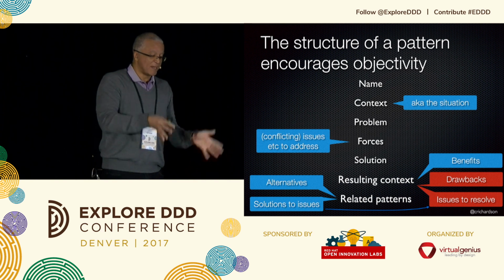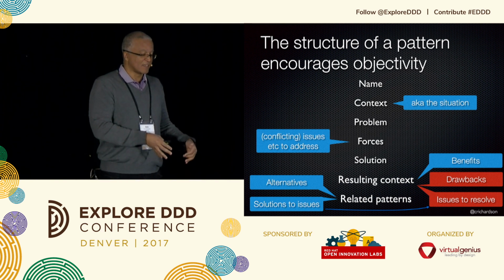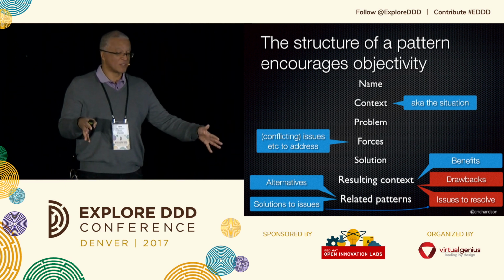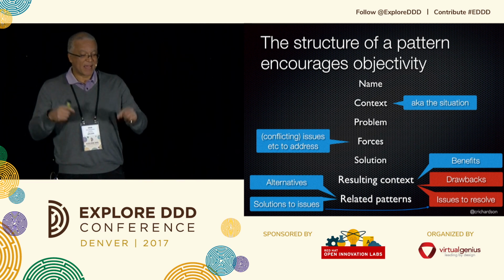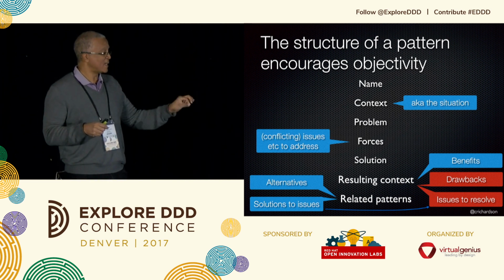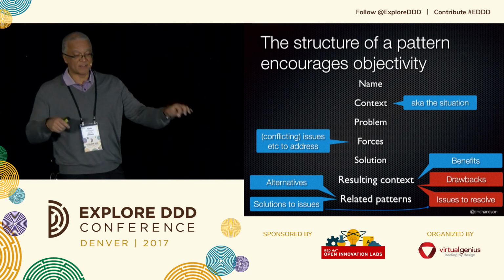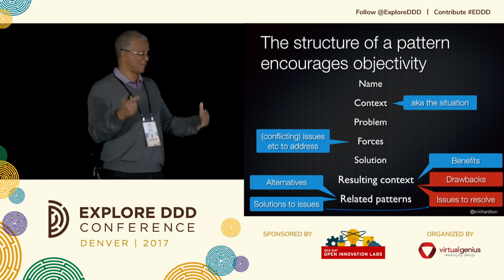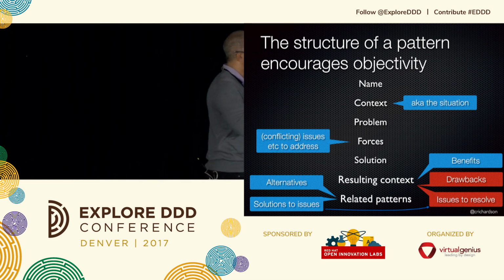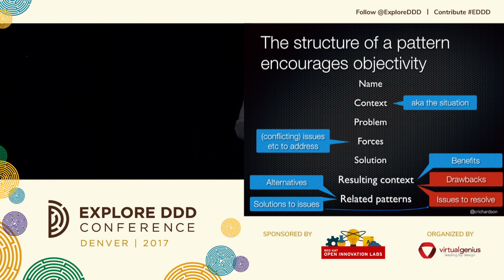So you apply the microservice architecture, that creates like 15 issues that you need to resolve. And then the microservice architecture pattern would say, well, you can use these other patterns to solve the issues that I'm creating for you. So these patterns end up forming this web, which is a pattern language.